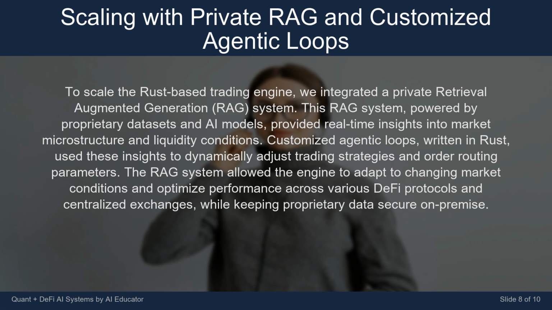Customized agentic loops, written in Rust, used these insights to dynamically adjust trading strategies and order routing parameters. The RAG system allowed the engine to adapt to changing market conditions and optimize performance across various DeFi protocols and centralized exchanges, while keeping proprietary data secure on-premise.